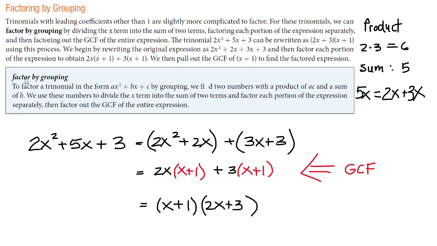So if I look at the rule here for factoring by grouping, to factor this trinomial that has the form ax squared plus bx plus c by grouping, I want to find two numbers with the product ac and the sum b, and rewrite and factor by grouping as I've shown you here.